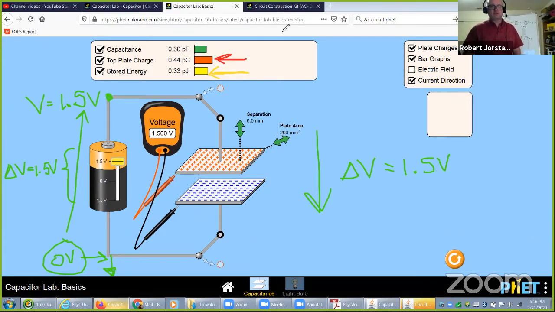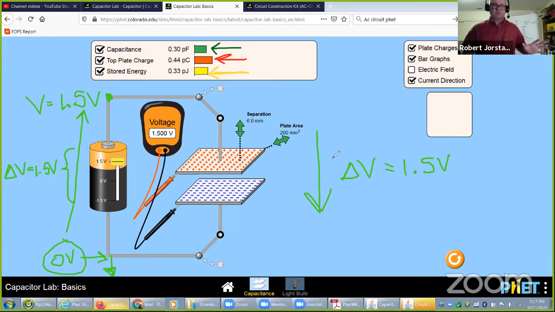If we know that you have a 30 picofarad capacitor, pico is 10 to the minus 12th, and you apply 1.5 volts, we end up with about that should be 0.45, but there's probably a numerical artifact here. So there's rounding errors in here. Nick, is that helping a little bit on that? Yeah, thank you. That's great, and we're going to get to more complicated problems in just a sec.